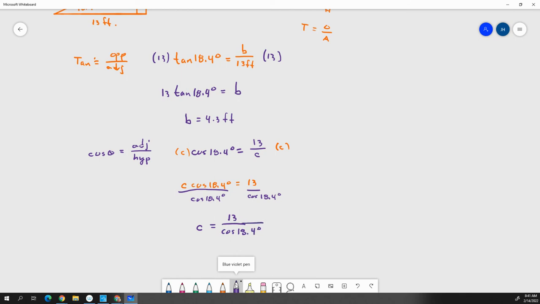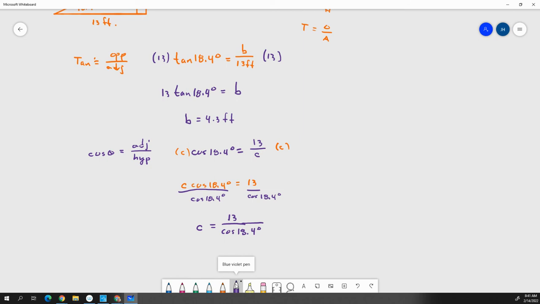This now is something you can plug into a calculator. You can hit 13 divided by, and then in parentheses put cosine of 18.4 degrees, right? What do you get when you do it?